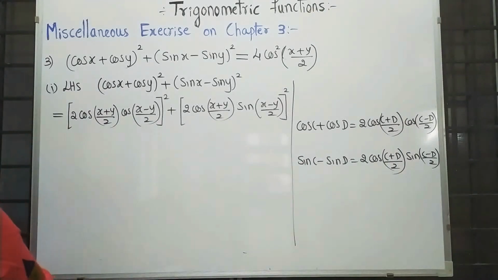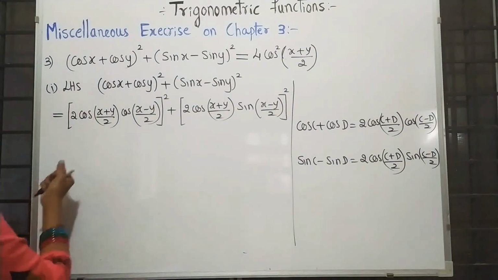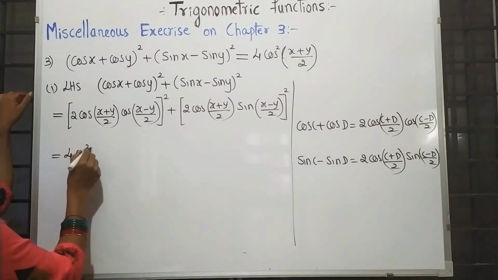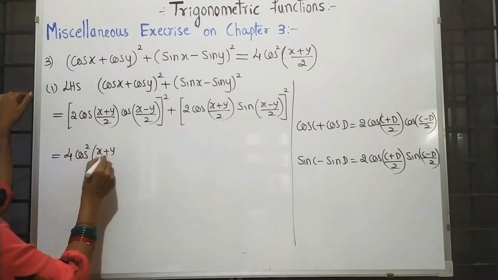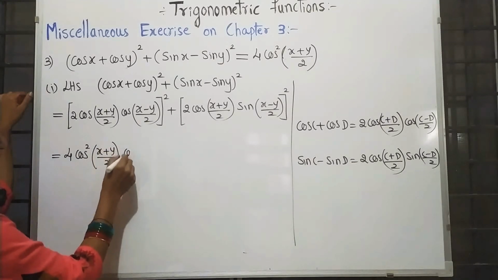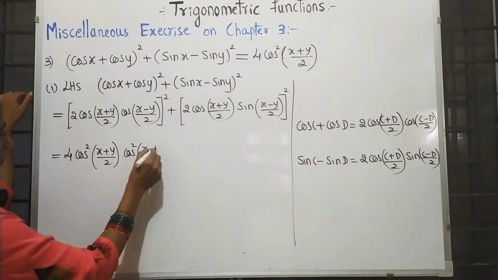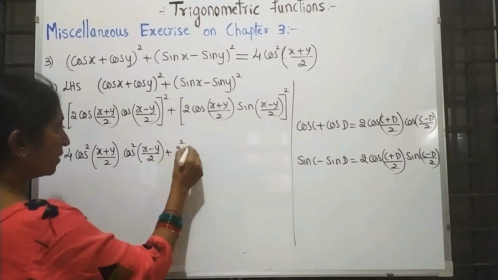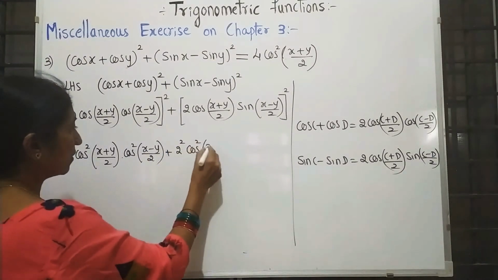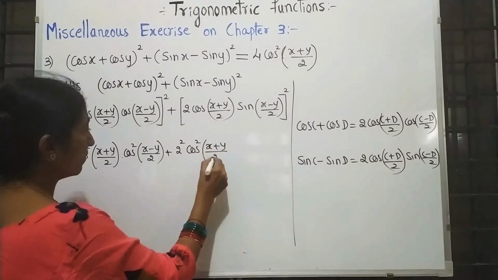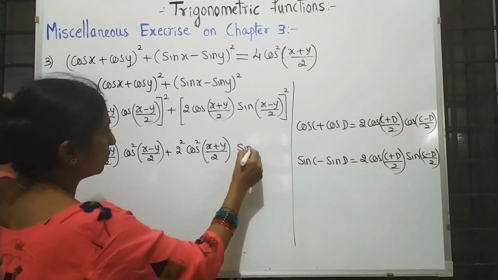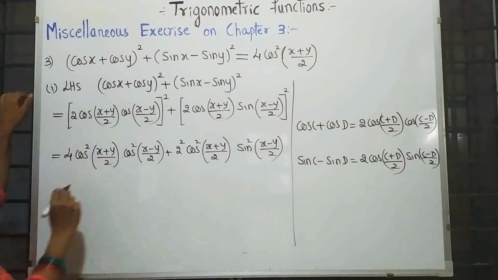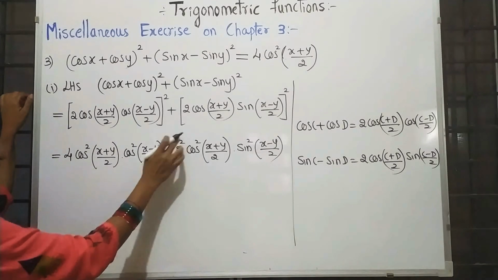Now take a square for each term separately. This is 4 cos square x plus y by 2 into cos square x minus y by 2 plus 2 square cos square x plus y by 2 into sin square x minus y by 2. What is common? 2 square. Here also 2 square.